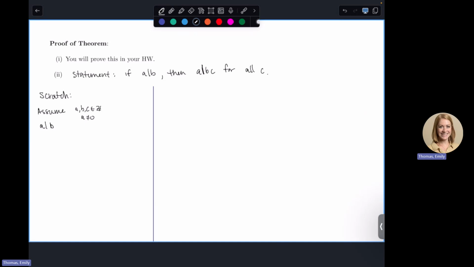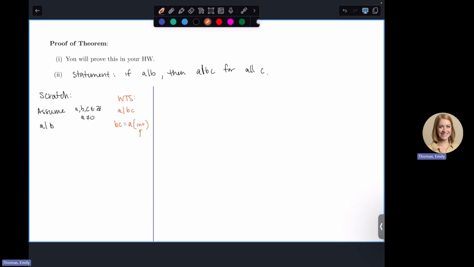So we get to assume that A divides B. What are we trying to show? That A divides B times C. What does it mean for A to divide B times C? Divides into it, right? So we're going to say that we could write BC as A times an integer. And that's the thing we're trying to figure out.